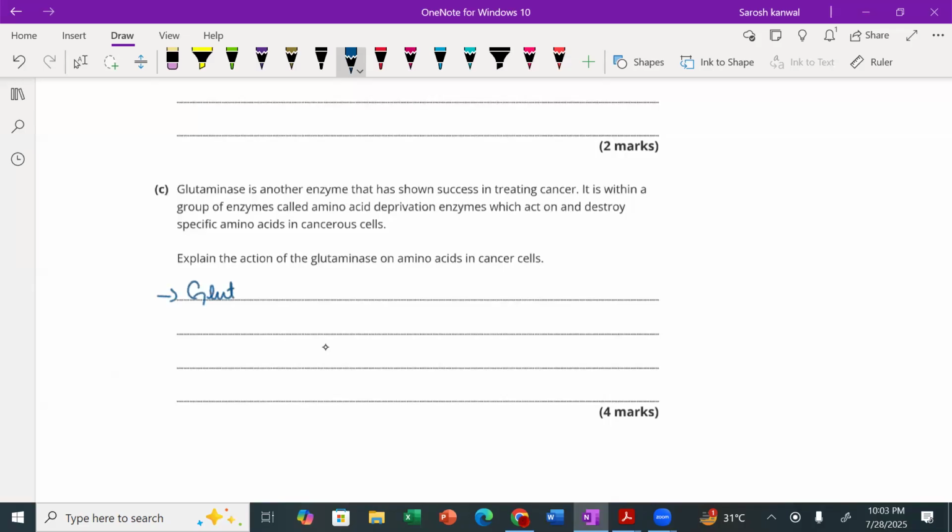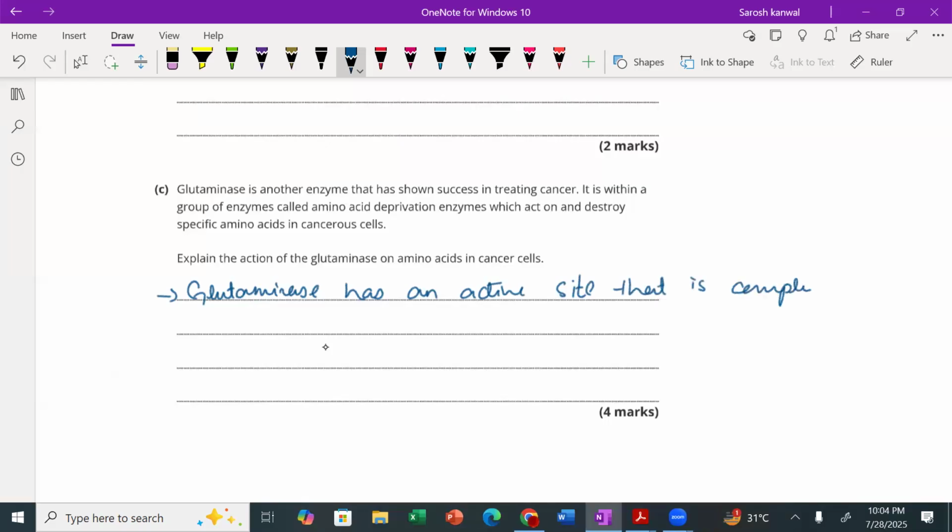An alternative answer would be that glutaminase has an active site that is complementary to the amino acids or substrate in the cancer cell.